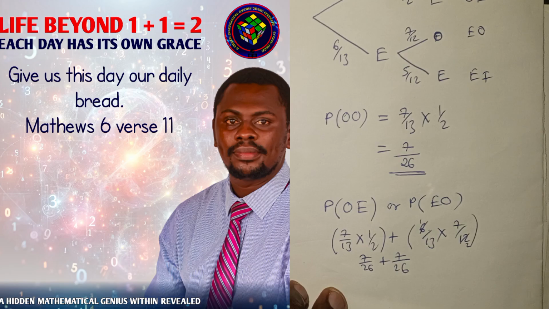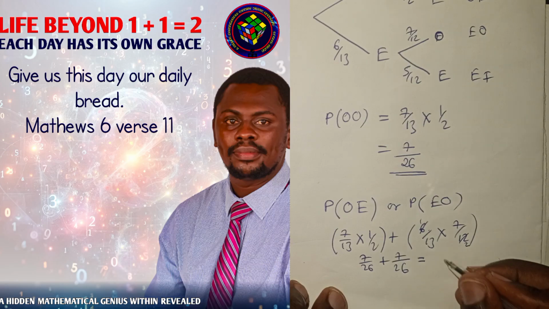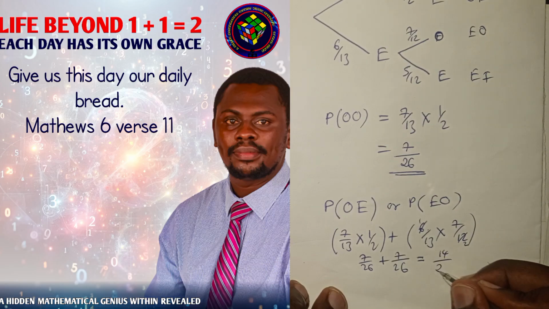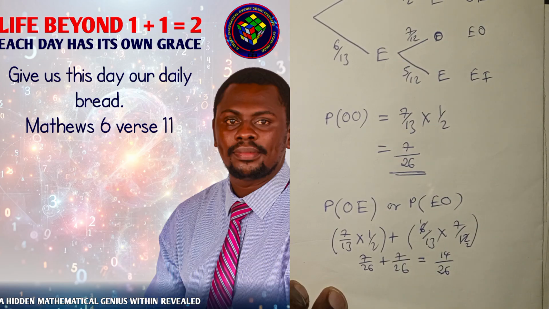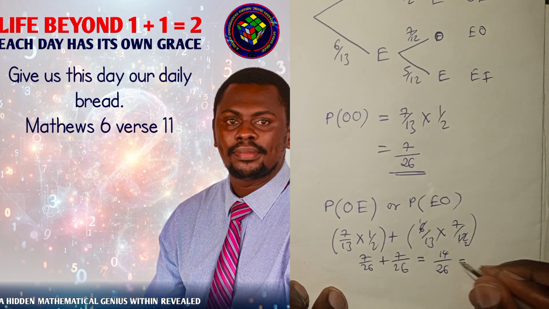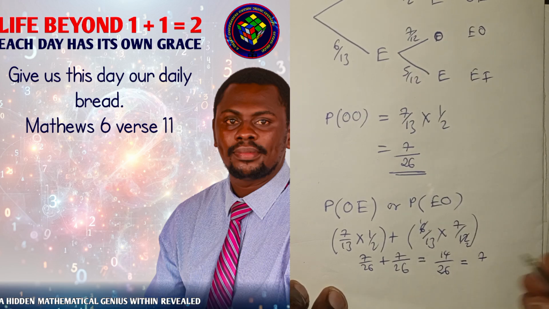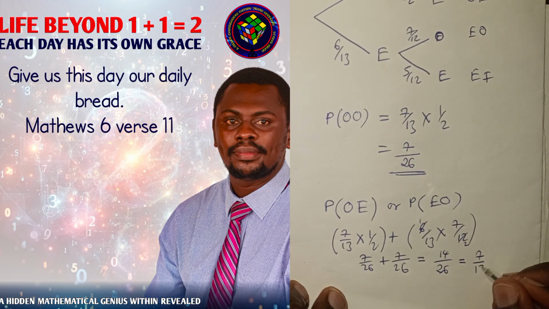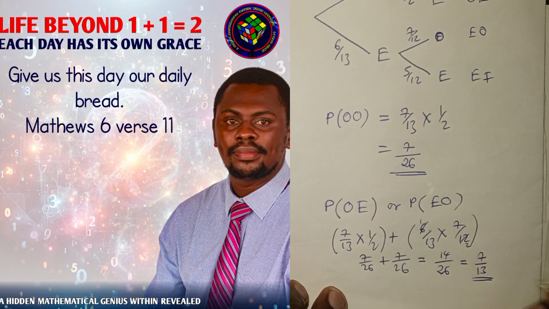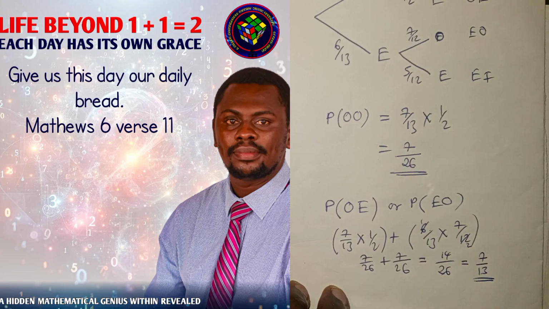Again here we have the same denominator, so you can just add the numerators. What is 7 plus 7? That is 14 over 26. Then we can simplify the fraction. What is the highest common factor for 14 and 26? Yes, 2. 2 in 14, that is 7, and 2 in 26, that is 13. So we have 7 over 13.